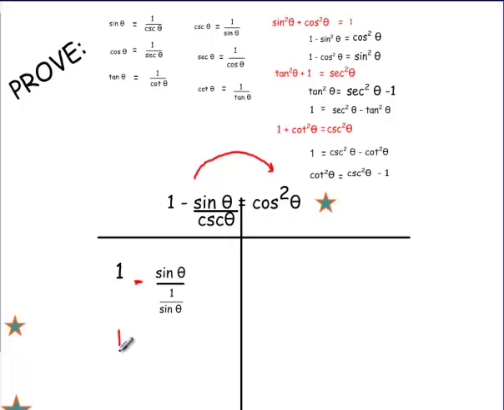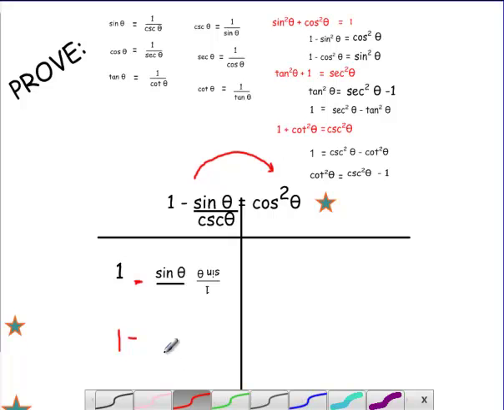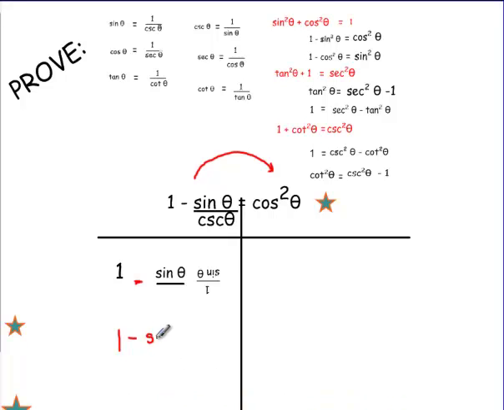Well, the 1 is going to stay 1, and the minus, but I remember when I divide, I flip the fraction and multiply. So sine times sine gets me sine squared. Look up here.